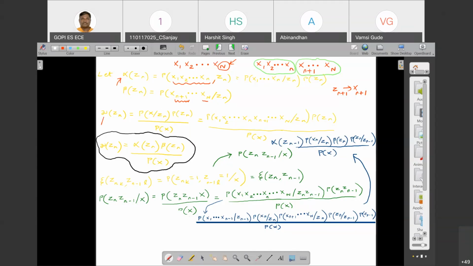We know that gamma of Zn in the previous slide was the probability of X given Zn into the probability of Zn. Now, in place of X, we have x1, x2, and so on up to xn, and then from xn plus 1 all the way up to xN.